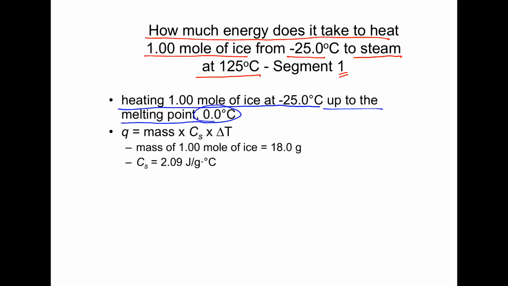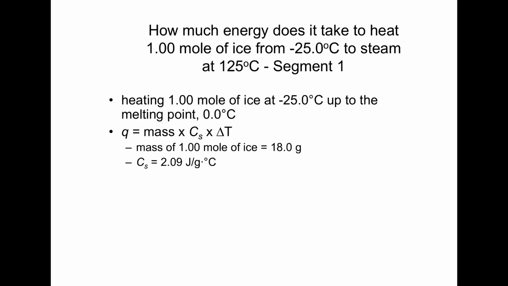The equation that we use anytime we're heating something up is that the energy, Q, is equal to the mass times the specific heat times the change in temperature. So we need to know the mass. And our problem says that we have 1 mole of ice. 1 mole of ice is equal to about 18 grams. And the way that I did that is I said 1 mole of ice, and ice is water.